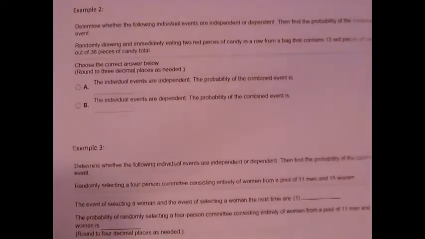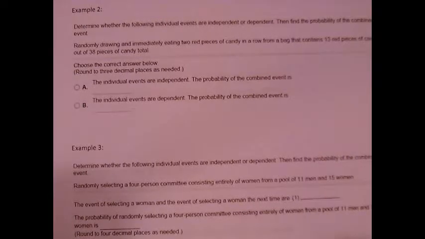Alright, now let's look at an example of this. In this case, we're determining whether the following individual events are independent or dependent. Then find the probability of the combined event.